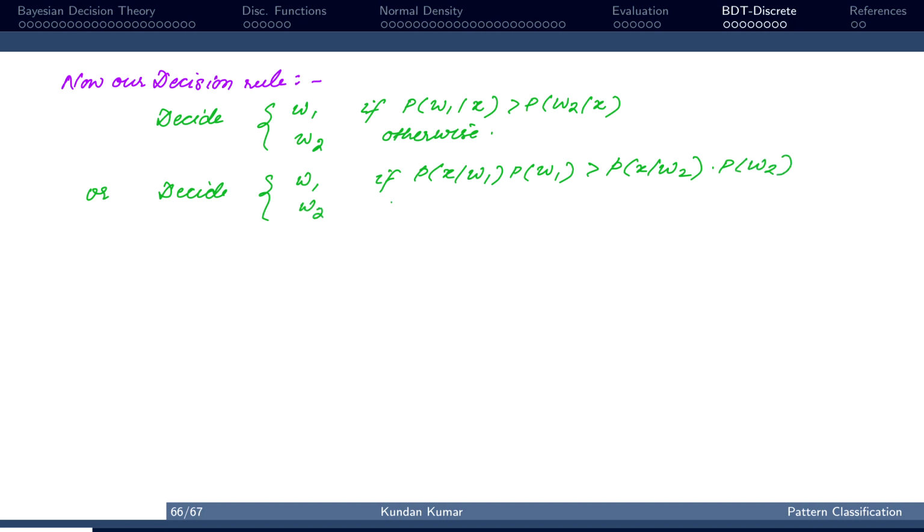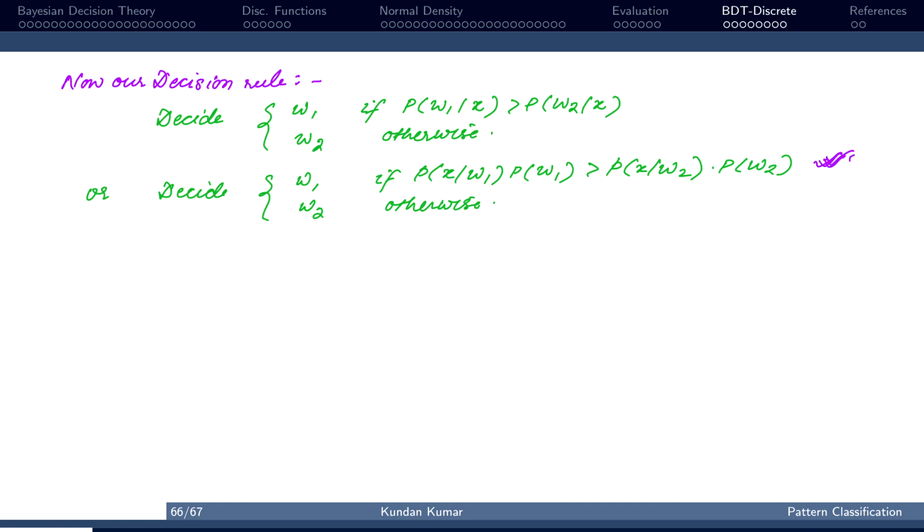Otherwise, we will decide omega 2. Because p of x is common for both the classes, it does not contribute to making any decision. That's why the evidence term is omitted in this decision rule.